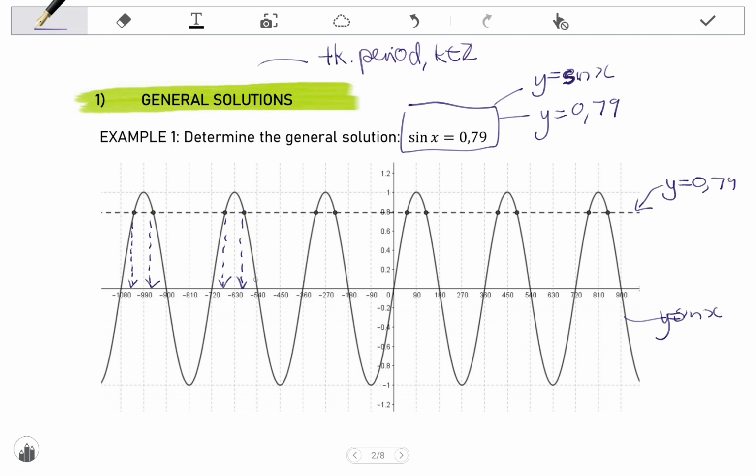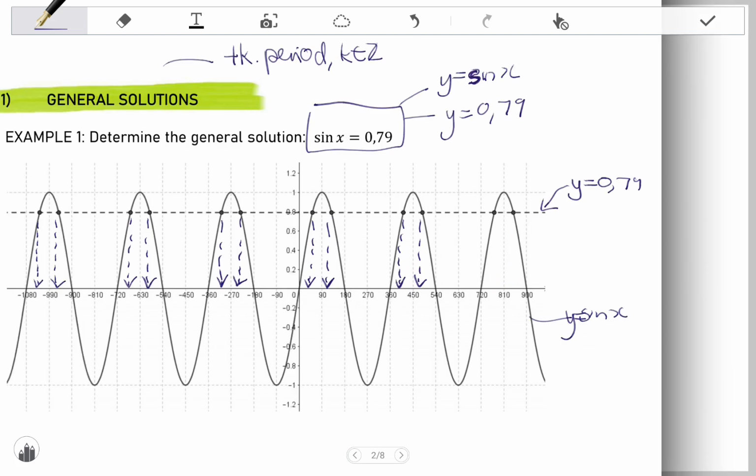There are multiple solutions, and since this graph's domain has not been restricted, it carries on forever to negative infinity and positive infinity. So we can never write down every single solution, and that is why we need a general solution. What I would like to do now is run through the steps for finding a solution of a trig function.